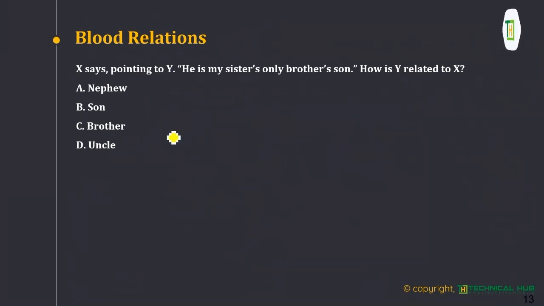So X says means here 'my' replaces X. So who is the speaker? X. So my sister means X's sister. One sister is here, female, minus. X's sister's only brother.